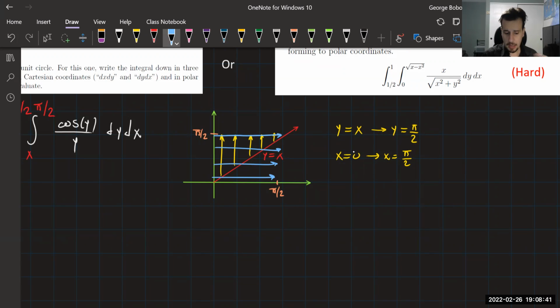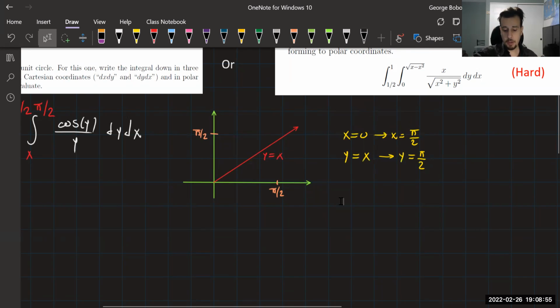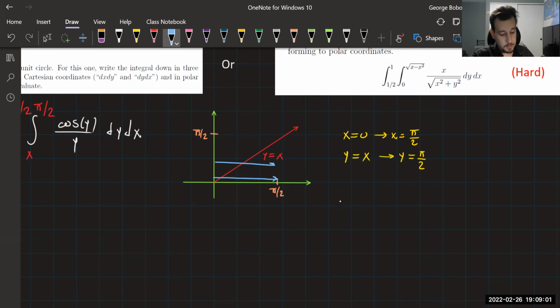So how do you prevent this? You might be thinking, how do you prevent this? The order that you write the integral matters right now. So let me explain. Let's say that I switch the order and I do this integral first. Well, this integral, as you can see, would take me from x equals 0 to pi over 2, like the blue arrows.